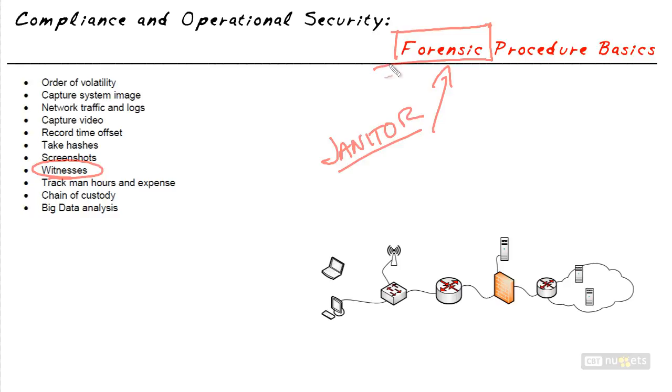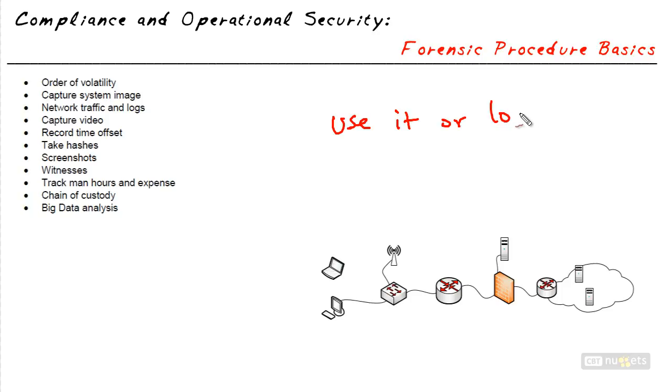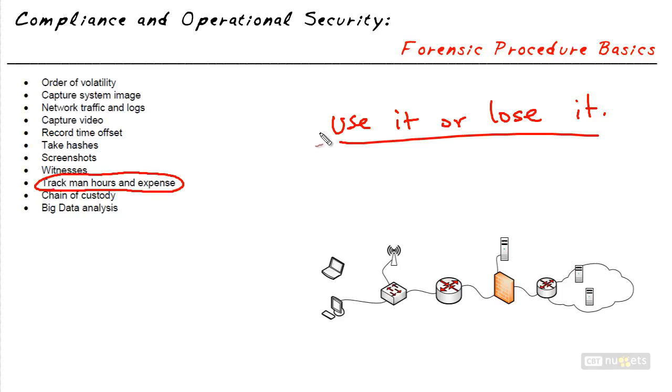Another aspect that I've seen in many companies is a concept called use it or lose it. And what I'm talking about is budget. Let's say, for example, that we did have some security incidents that happened and we had to bring in third-party people to help us do forensics and analysis on what occurred. Well, it's really important to track the man hours and the expense involved with those incidents because it's very likely we're going to want to factor those dollars in to a budget for the next year.